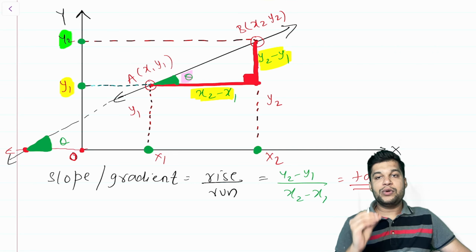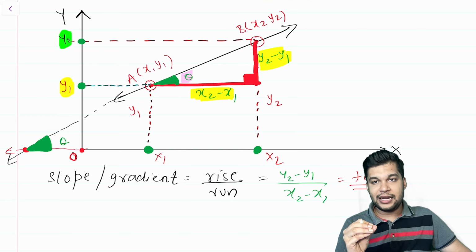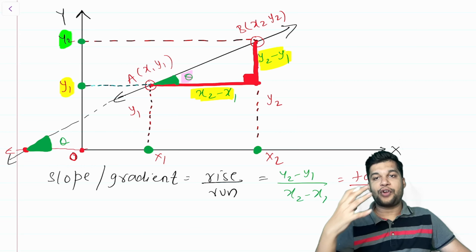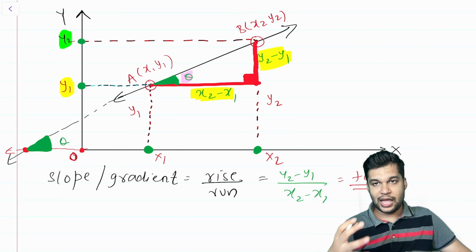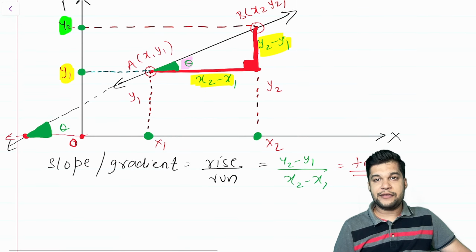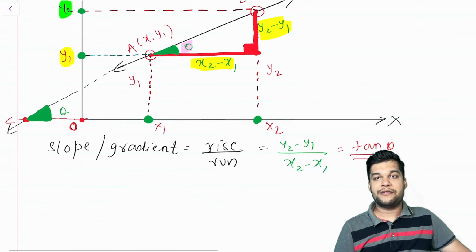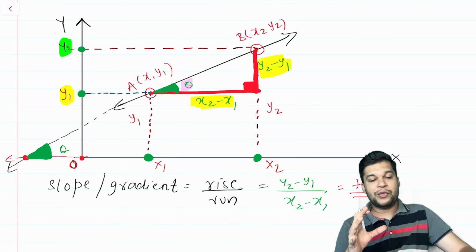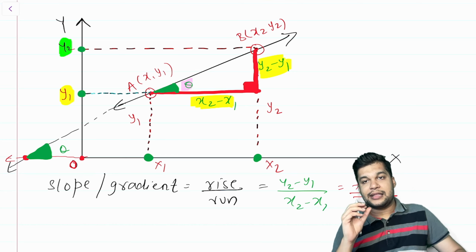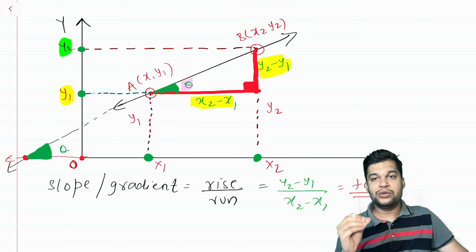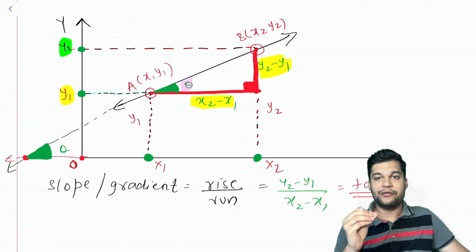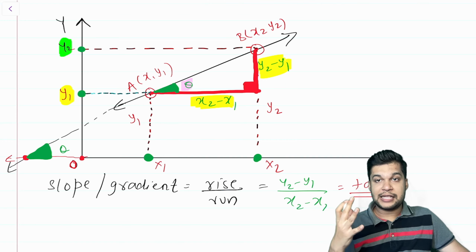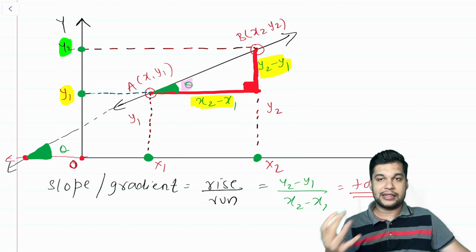So if you take the tan of the angle at which the line is inclined from the positive x axis, that value will give you the slope. So that's how you find the slope of a line: y2 minus y1 upon x2 minus x1, or tan theta. You do whatever you wish as per the question, both are right.